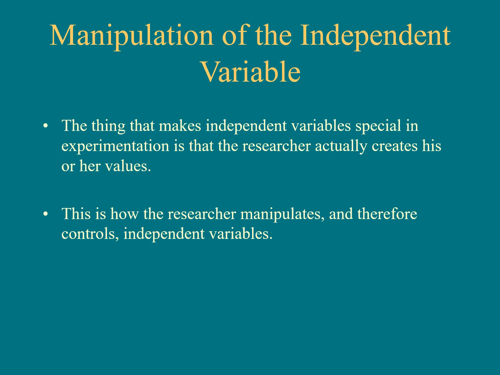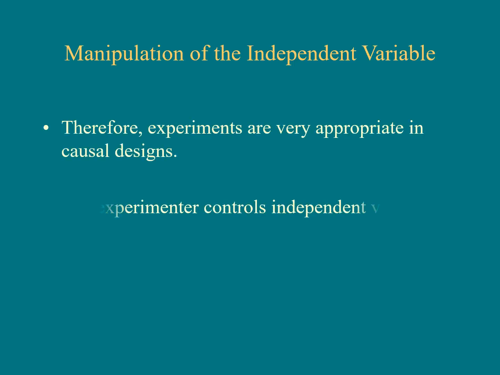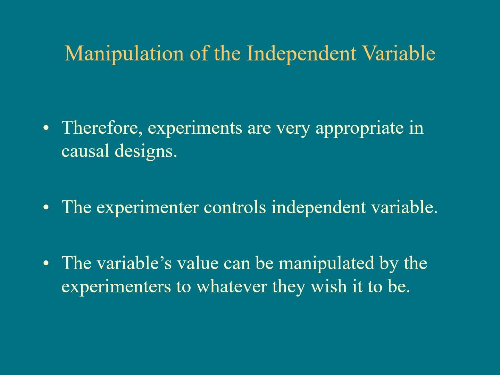This is how the researcher manipulates and therefore controls independent variables. Experimental independent variables are hypothesized to be causal influences. Therefore, experiments are very appropriate in causal design. The experimenter controls the independent variable. The variable's value can be manipulated by experimenters to whatever they wish it to be.